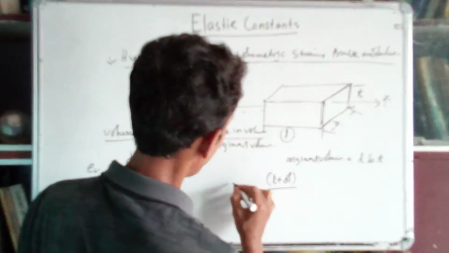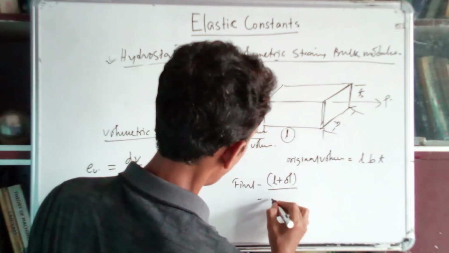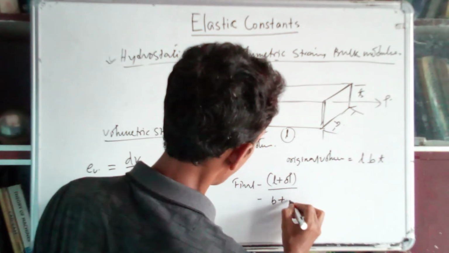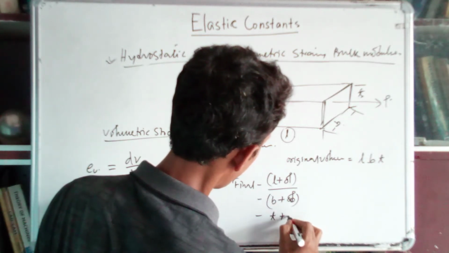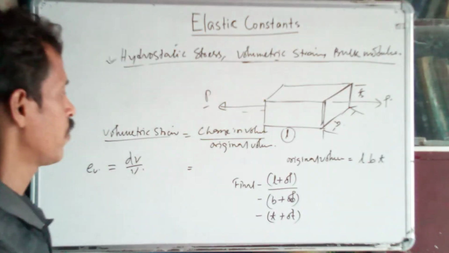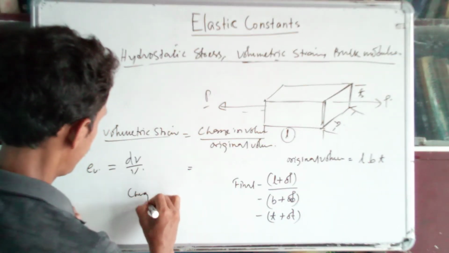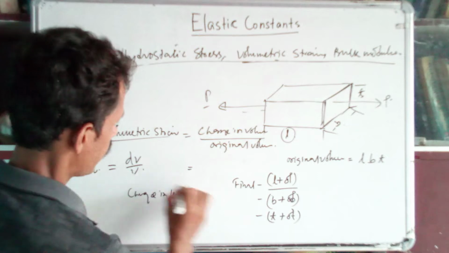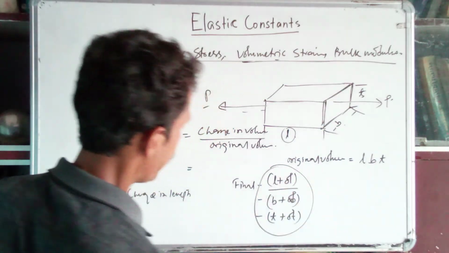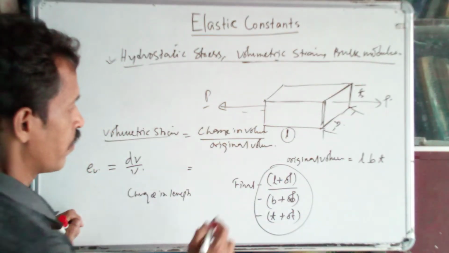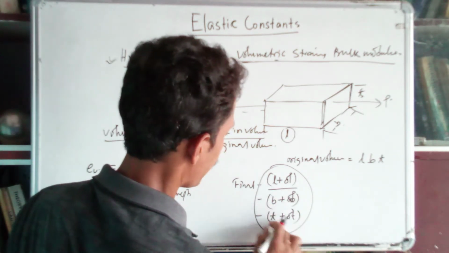So L plus del L is the final length, then width B plus del B and T plus del T. So that is the final volume: L plus del L, B plus del B and T plus del T.